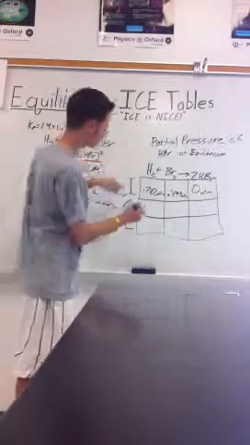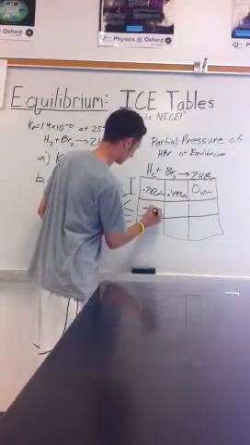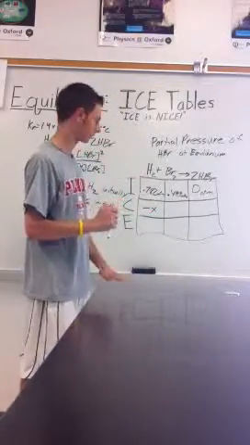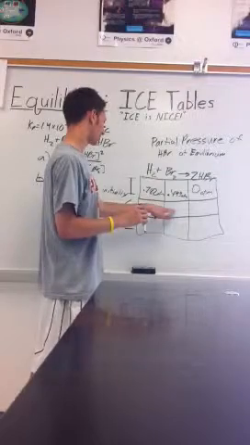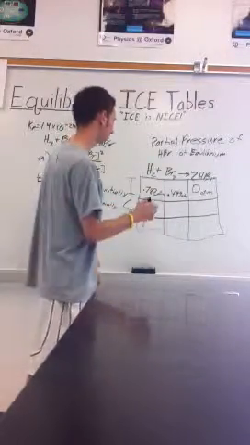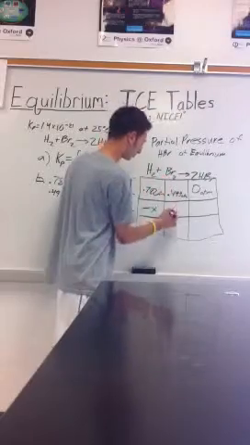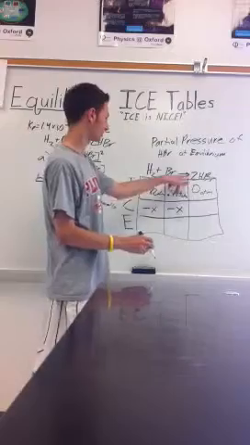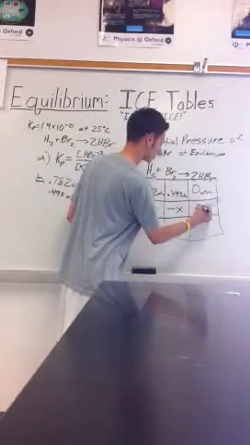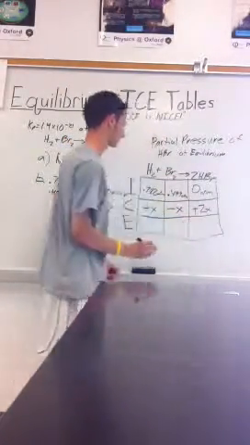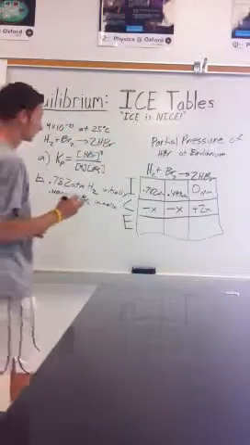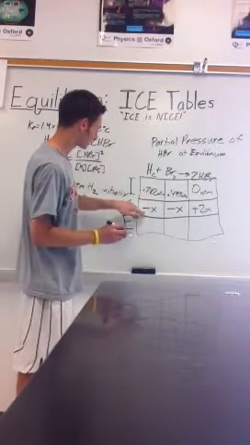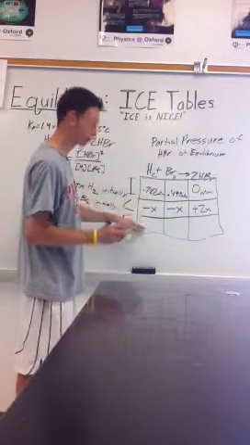H2, there's 1 mole, so you're going to lose minus X is what you put here. X is the amount of pressure that goes down. For Br2, there's also only 1 mole, so it's minus X. And for 2HBr, there are 2 moles in this equation, so it's plus 2X. Okay, so then at equilibrium, you pretty much just take the initial minus the change, and that's what you put in the equilibrium box.